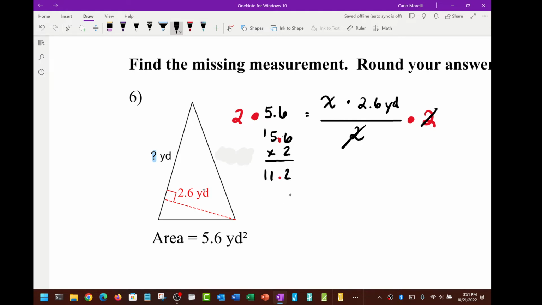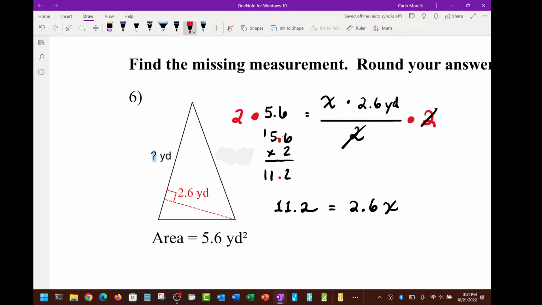So we're going to rewrite the equation here. 11.2 equals, and I'm going to take the liberty of writing 2.6x, because that's kind of how it's written in algebra. The number comes before the variable.